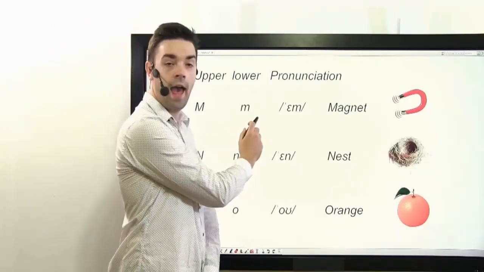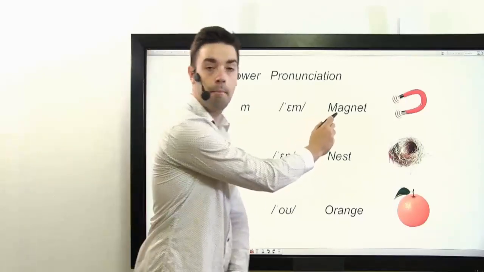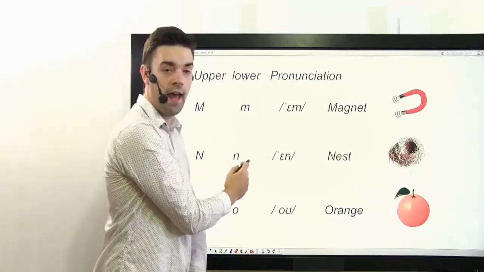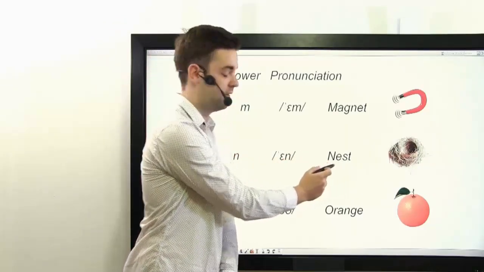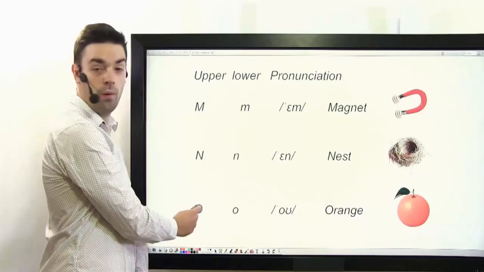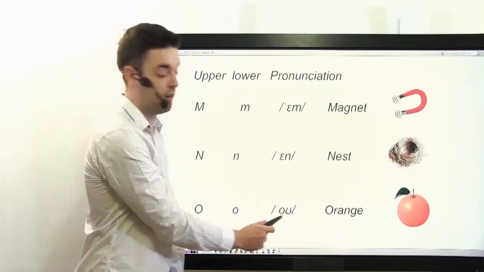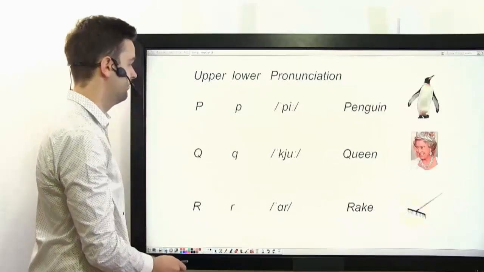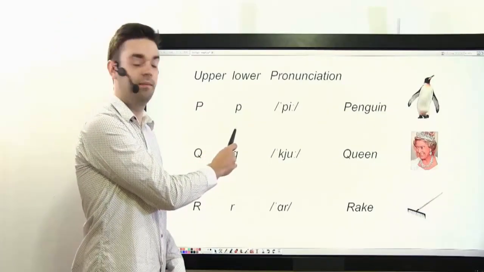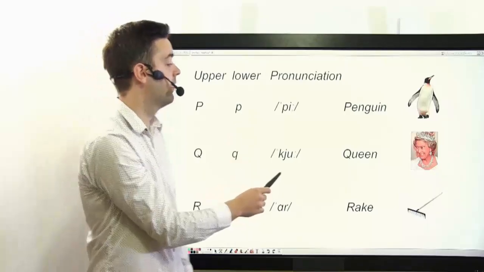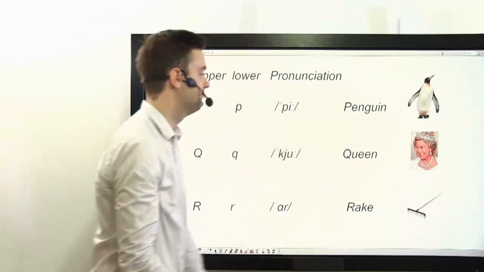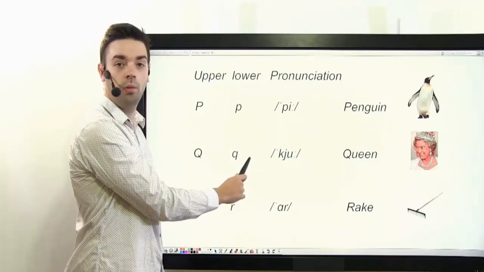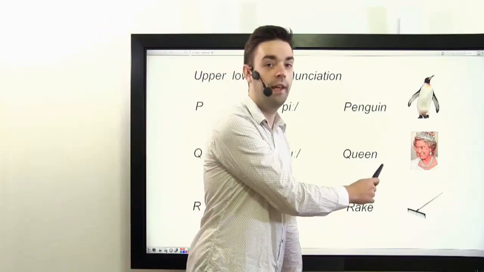M for magnet. N for nest. O for orange and Oliver. P for penguin. Q for queen.